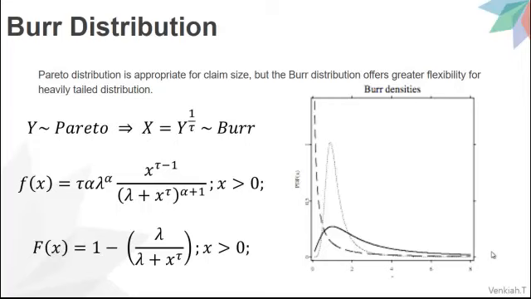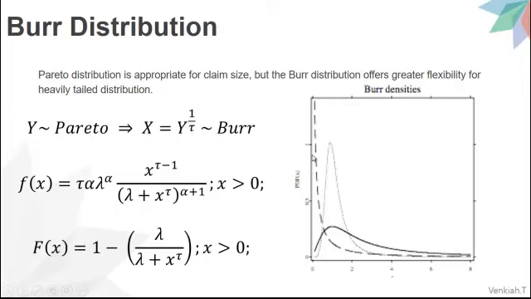So you have a probability density function and the cumulative density function. The condition is that x should be greater than 0. For the Weibull distribution here, this thick black line is for alpha equal to 0.5, beta equal to 2, and tau of 1.5. The dotted line is alpha of 0.5, beta of 0.5, and tau equal to 5.